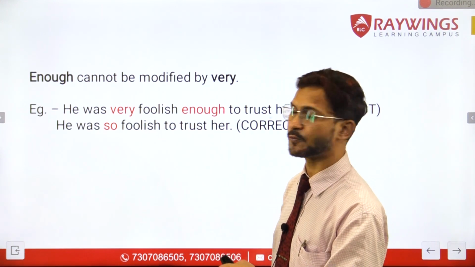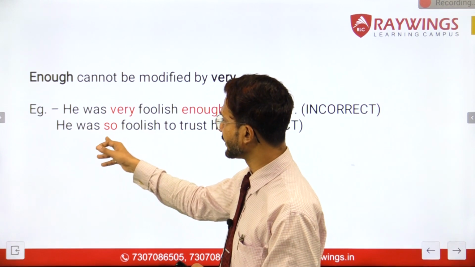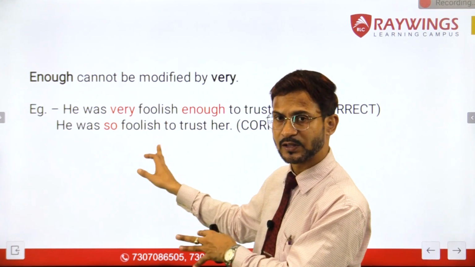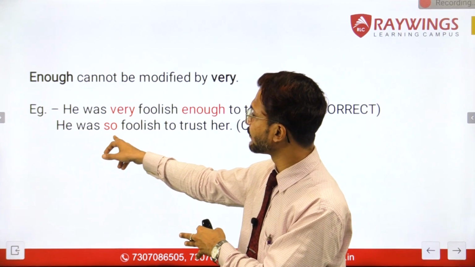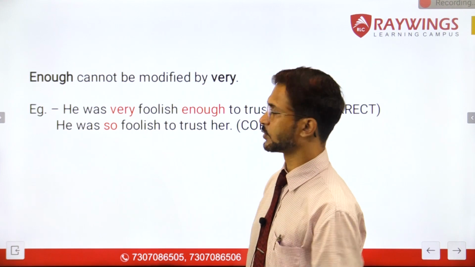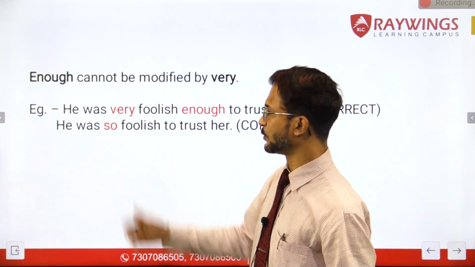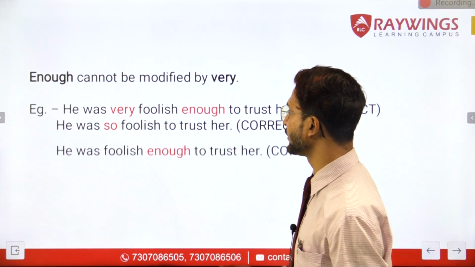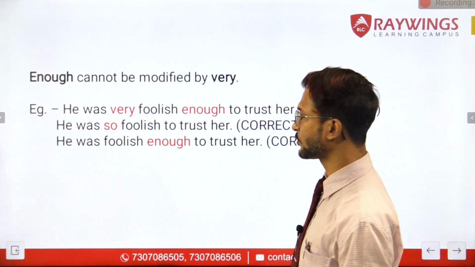This is the first way of writing this sentence. If I say that he was so foolish to trust her, I haven't used the word enough here. That is why I have used this adverb so before this adjective foolish in this sentence. The other way of writing this sentence is he was foolish enough to trust her.